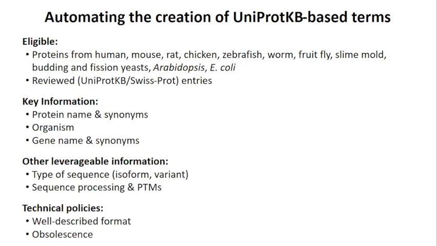Now, UniProtKB lends itself quite nicely to the task at hand since it contains information on protein name, the organism, what the gene is, etc., along with other leverageable information. And notably, it also has an obsolescence policy similar to those that we at Pro follow.